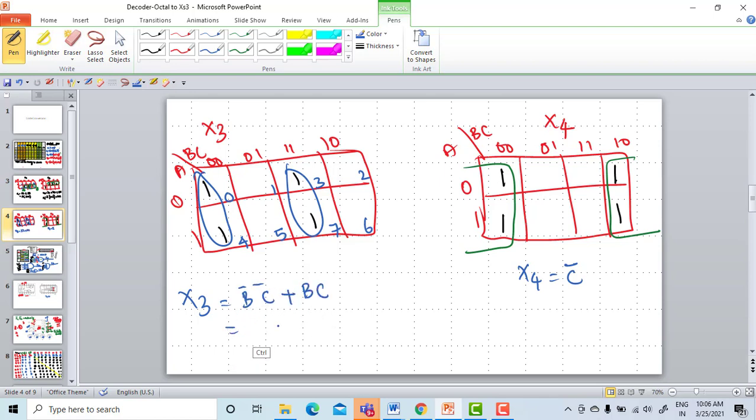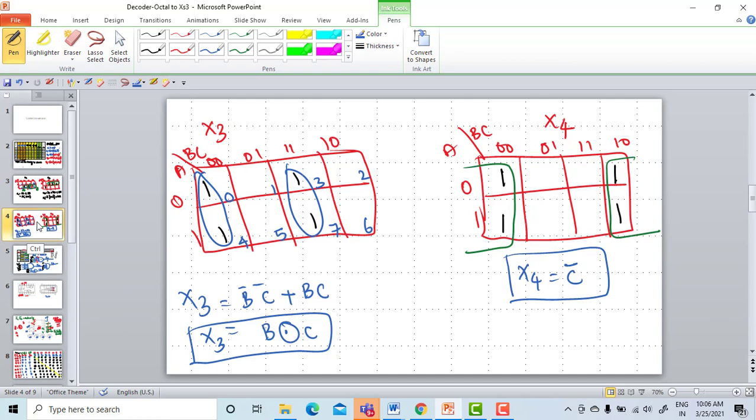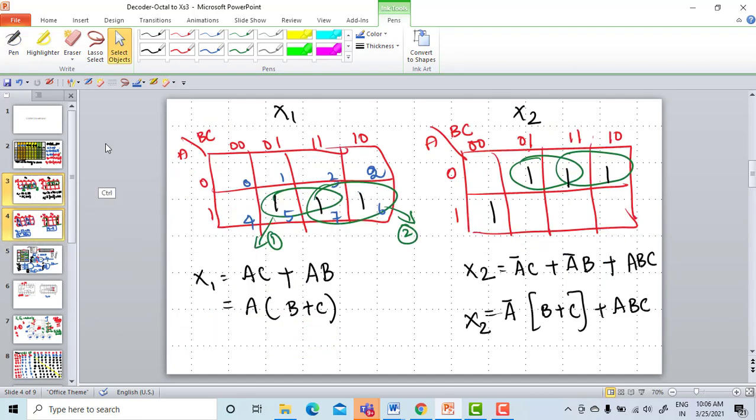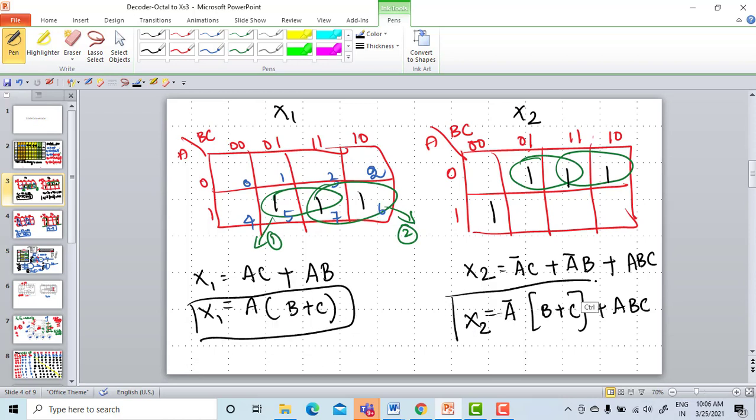So this is your B XNOR C. Okay, complement of XOR is XNOR. For similar inputs you have 1. This is x3. So now we know this x4, x3, and then this is our x1, and this is our x2.